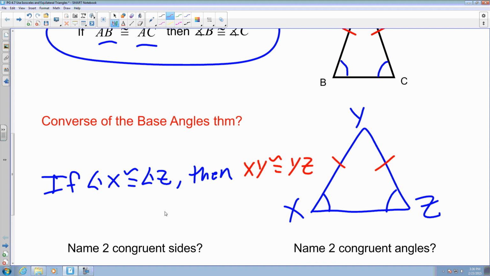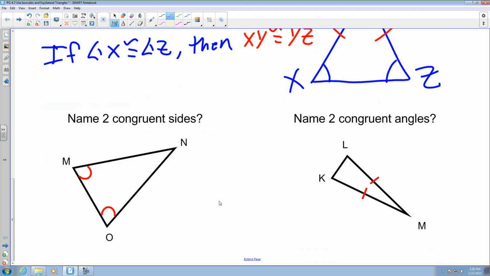Okay? So if I look at these two triangles here, the one on our left, they want us to identify the congruent sides. They give us two congruent angles, angle M and angle O. By the converse of the base angle theorem, since these angles are congruent, I know that these two sides have to be congruent.